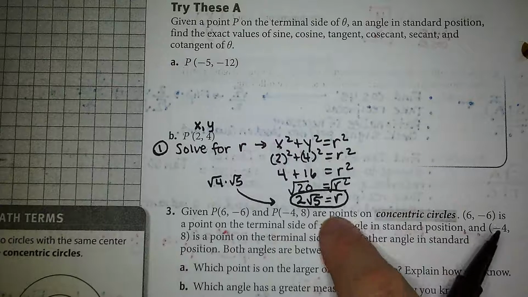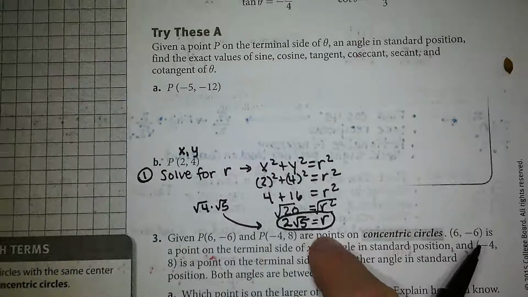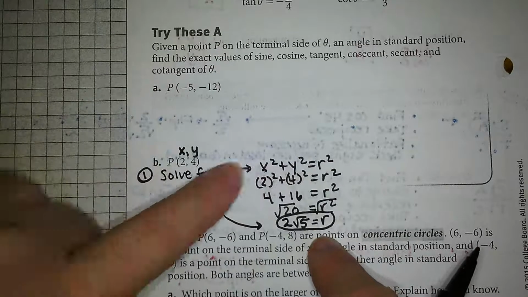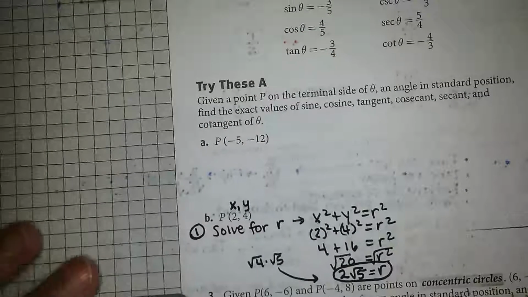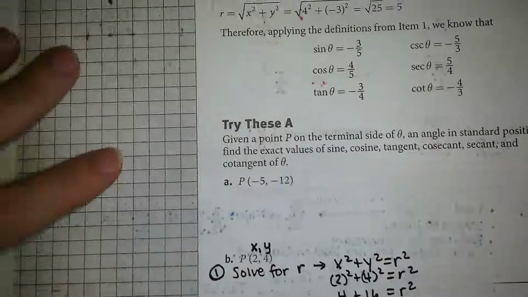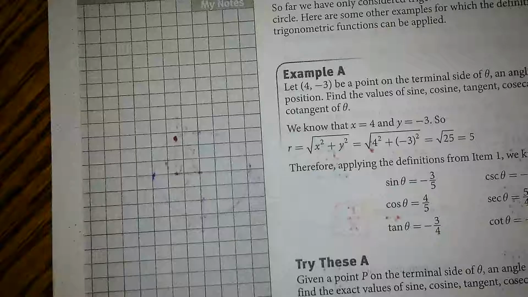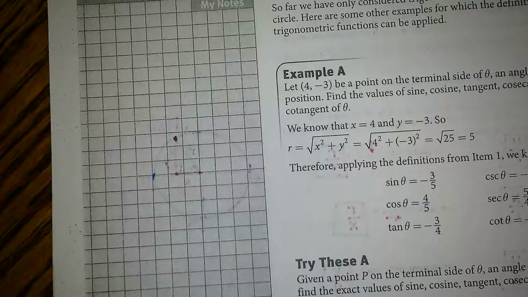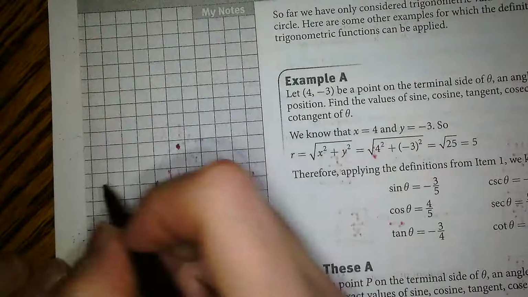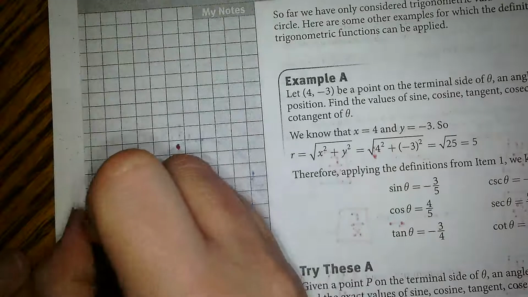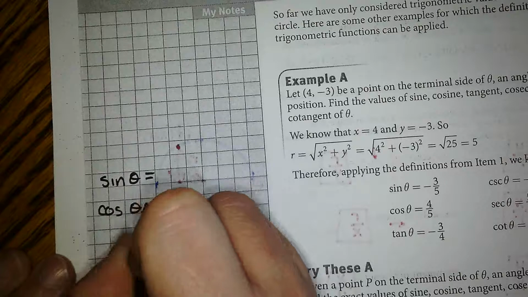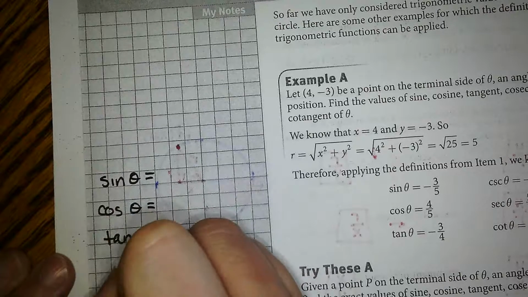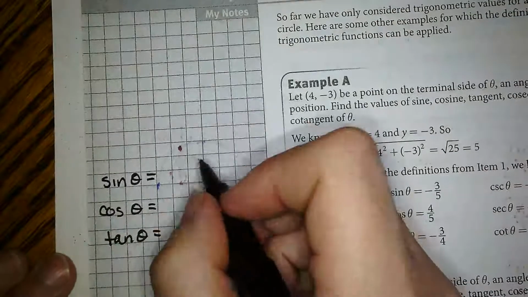All right, so once you find your radius, then you're going ahead and writing your 6 trig functions out with their x's, y's, and r's over here. So I'm going to use this space over here to do that. So I'm going to put sine theta, cosine theta, tangent theta here.